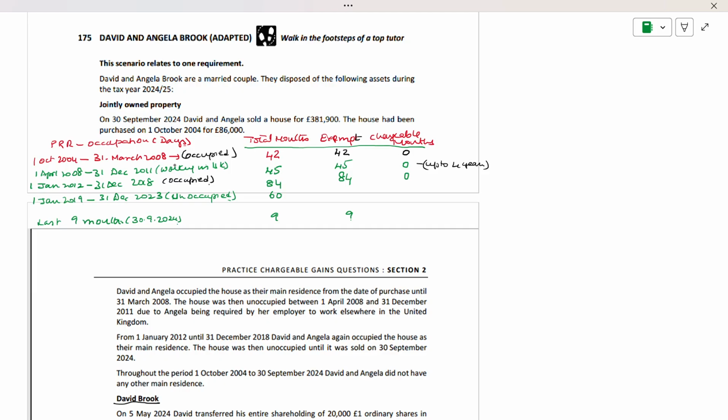Last 9 months you will get by default. Yeah, but why is it there in total months? In that case, it will be 69, no? Yes, 69 minus 9. Okay, you have taken up to 31st December 2023, that's why. Here I have written 30th September 2024. I get it.